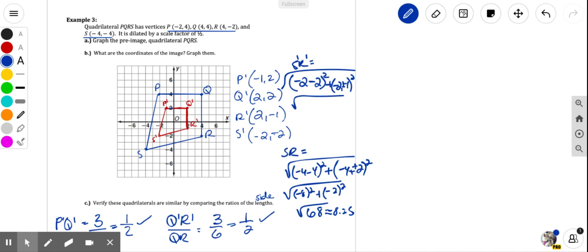So it's going to be 4 squared, which is 16, and negative 1 squared, which is 1. So it's going to be the square root of 17, which is a little over 4, just like I said. The square root of 17 is 4.12.